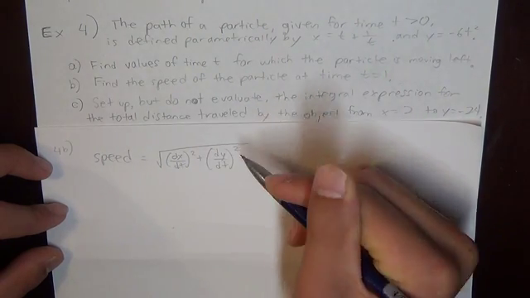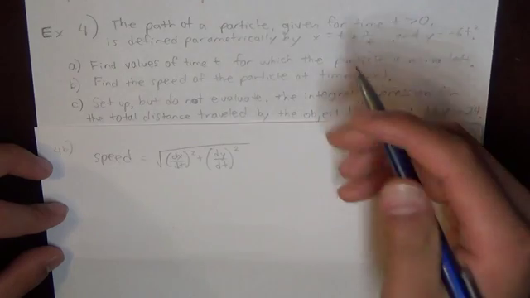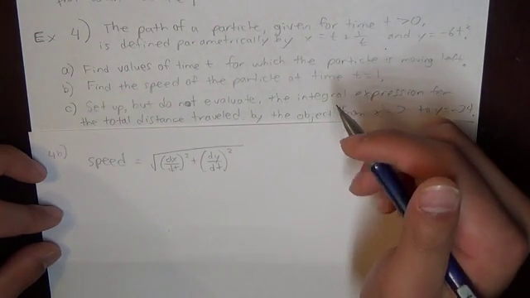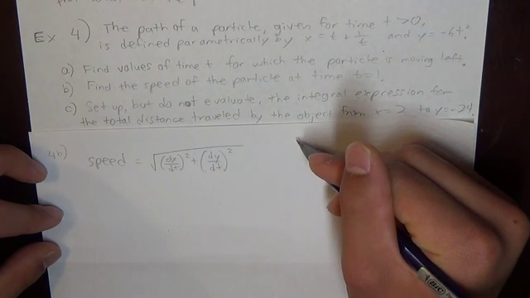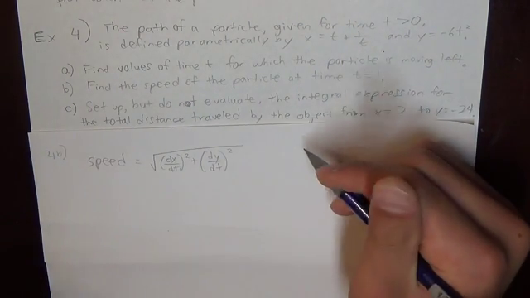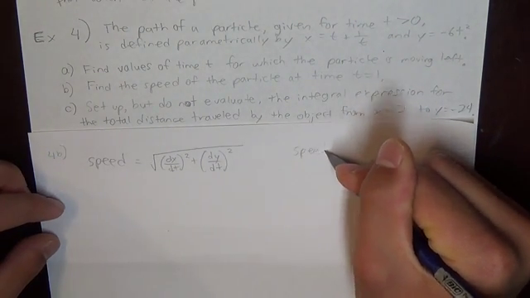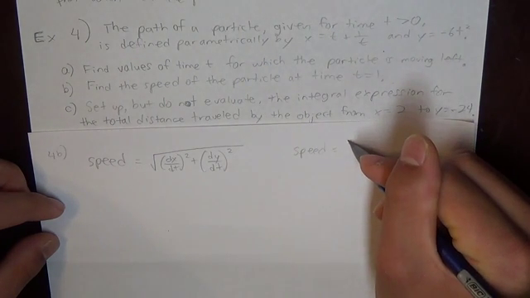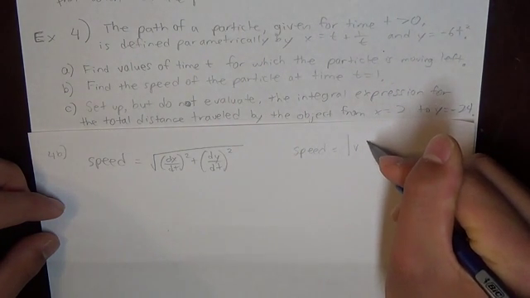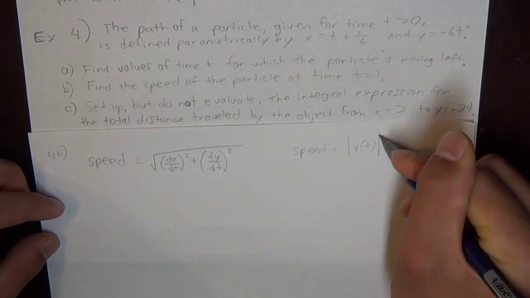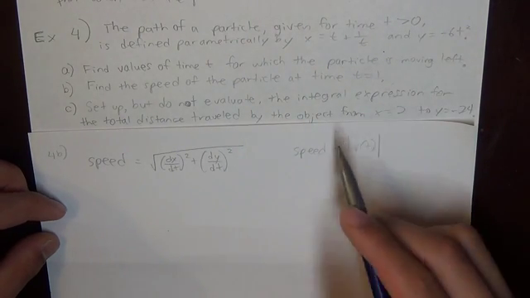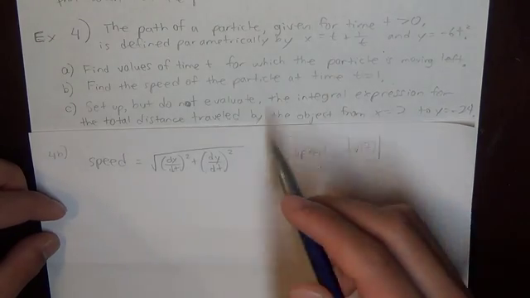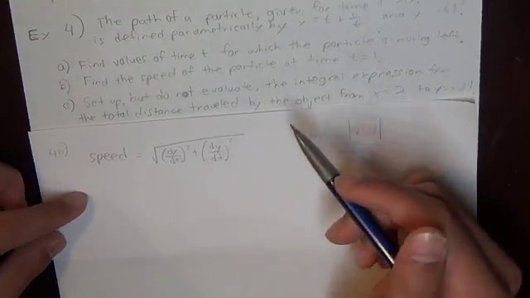You probably do need to memorize this formula. In a non-parametric equation, the speed is the absolute value of velocity, and a lot of people forget this on tests and think that applies here too. That's true for non-parametric, but when we're dealing with parametric, we have to remember this formula.